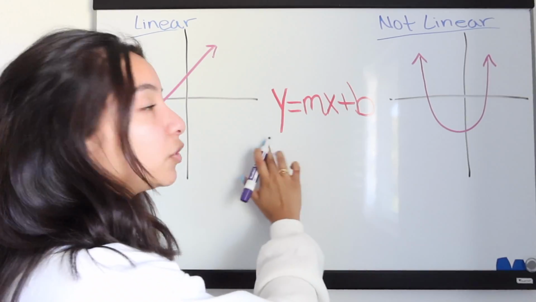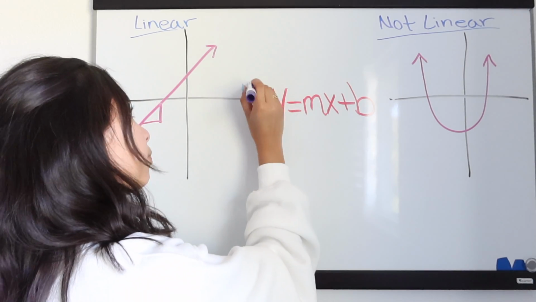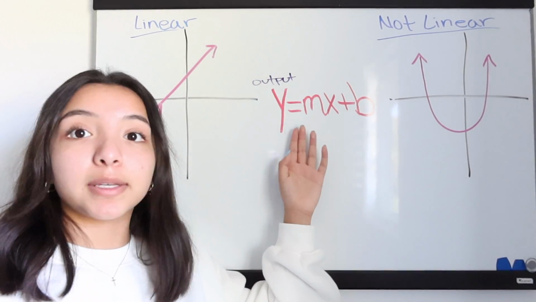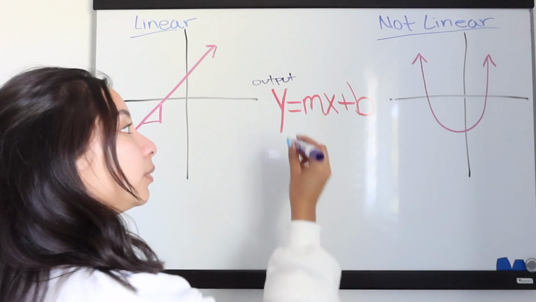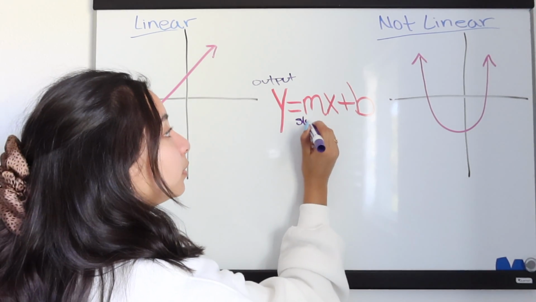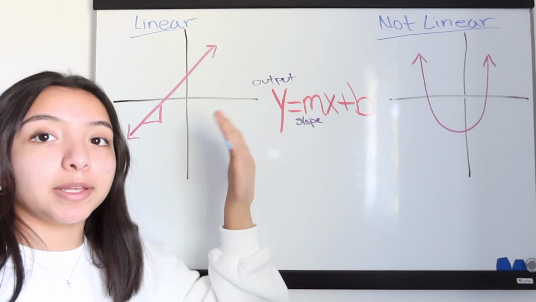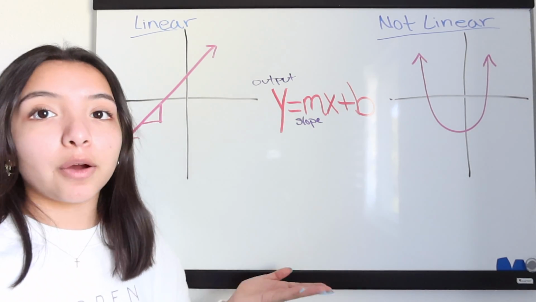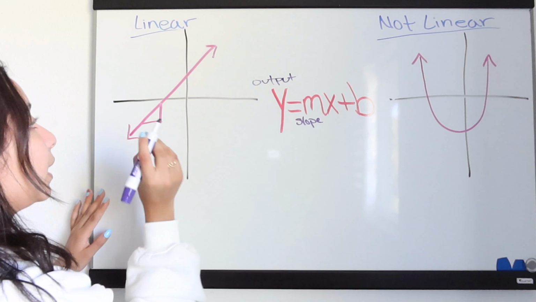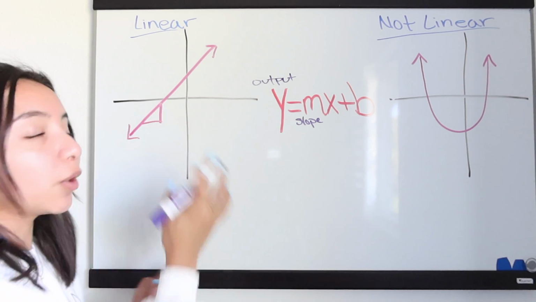Remember that. So this y represents the output, is equal to m, which is called the slope. And the slope is how steep the line is. And you figure out a slope based on a line by looking at its coordinates.